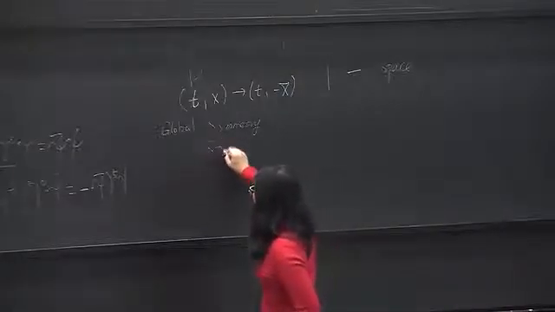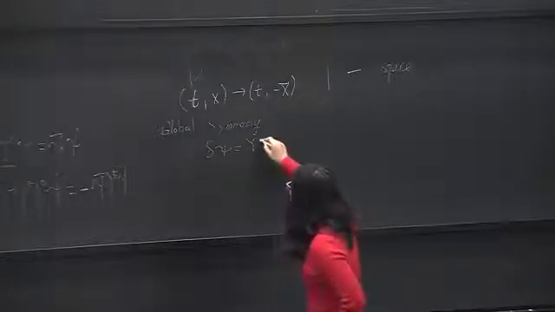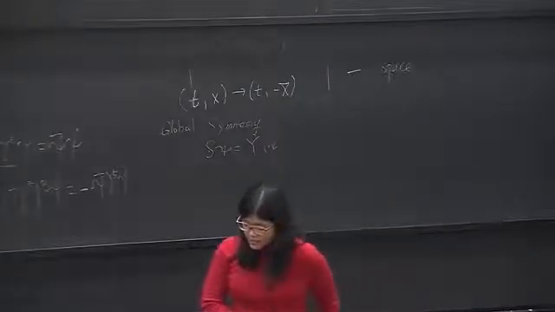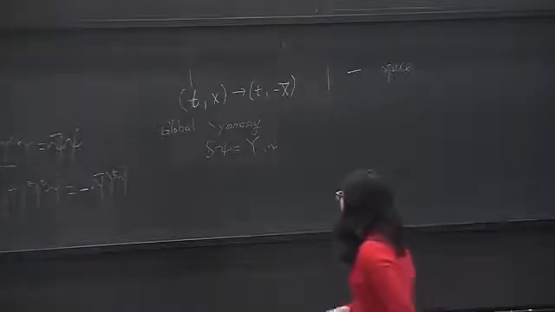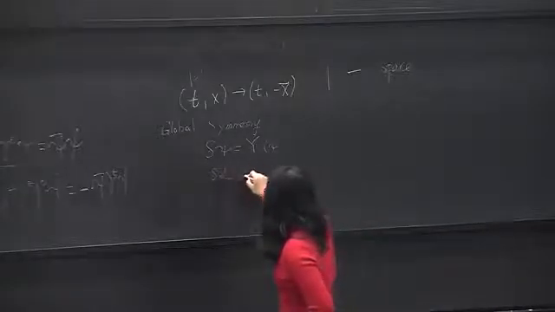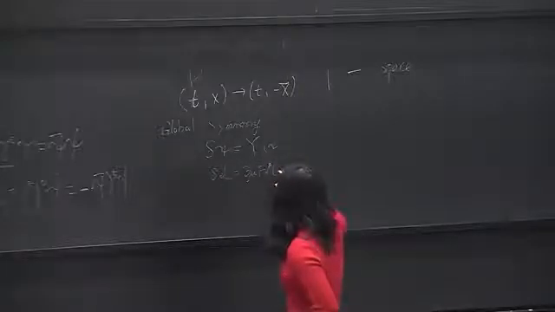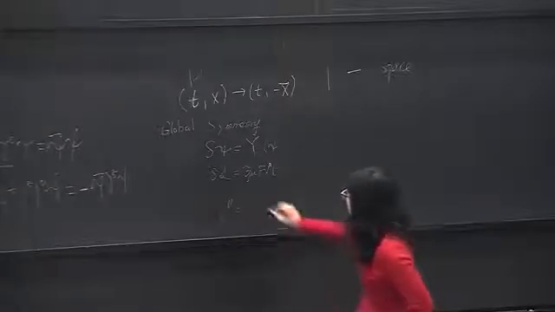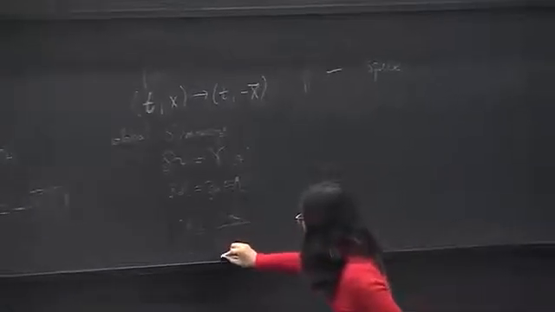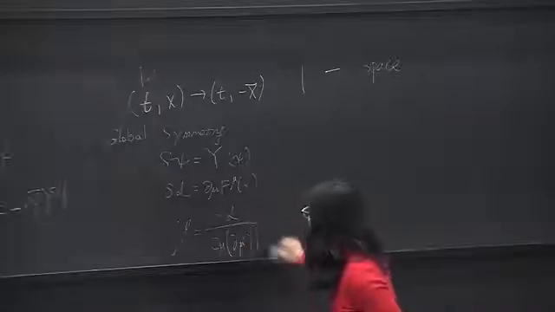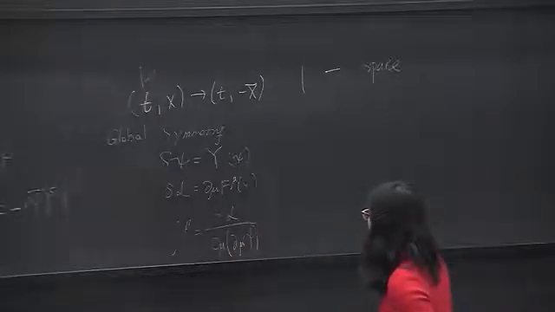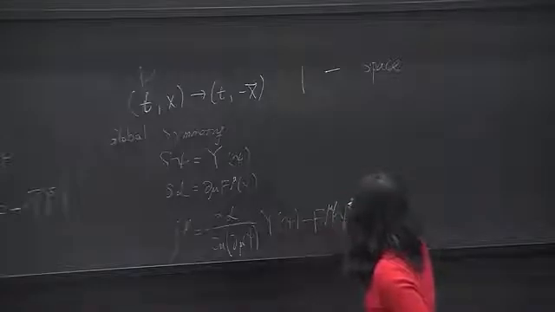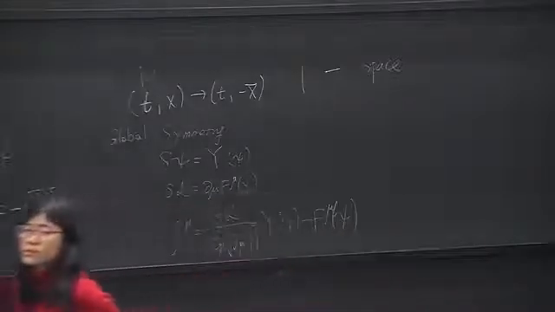Dan's version says that if you change your field, psi is our field, in some way, and if your Lagrangian is changed by a total derivative, then you can write down the current, which equals partial L over partial mu psi, times this delta psi thing, minus. Yeah? So this is just Noether's theorem. That's the definition he gave.